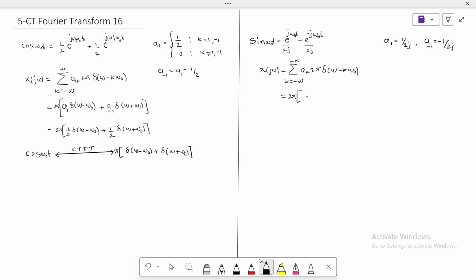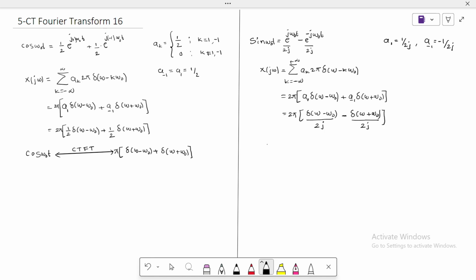So 2 pi a1 delta of omega minus omega naught plus a minus 1 delta of omega plus omega naught. Now substitute the Fourier coefficient value a1 equal to 1 by 2j. So delta of omega minus omega naught by 2j. Here a minus 1 is negative, so that equals minus delta of omega plus omega naught by 2j.